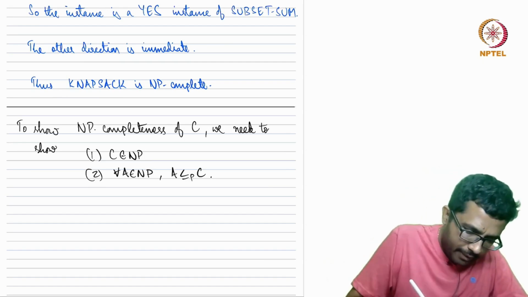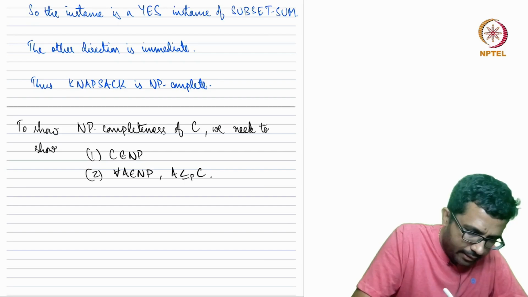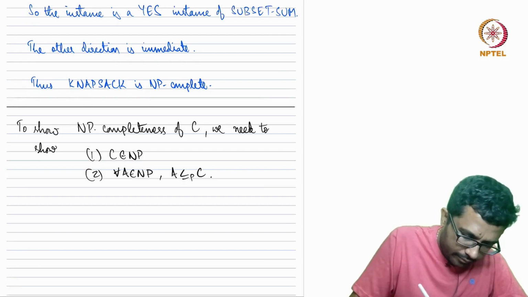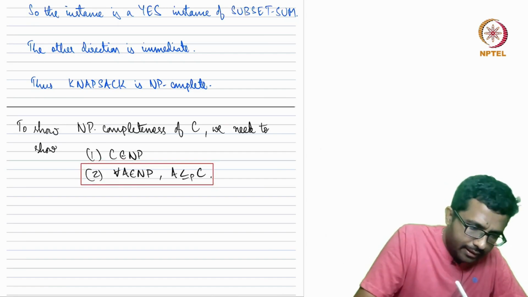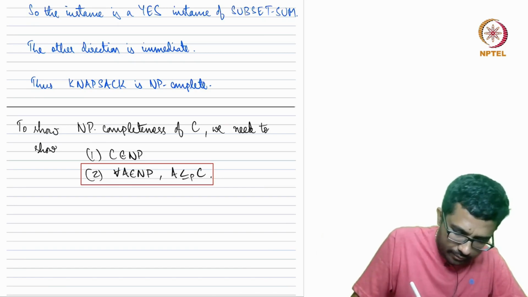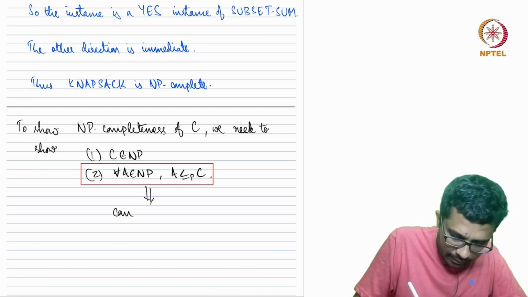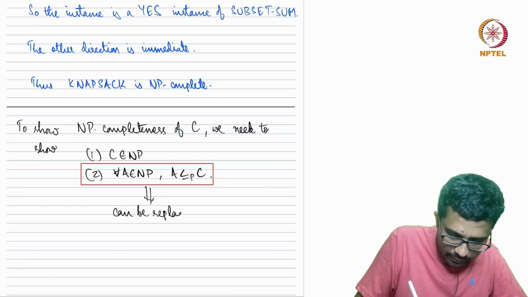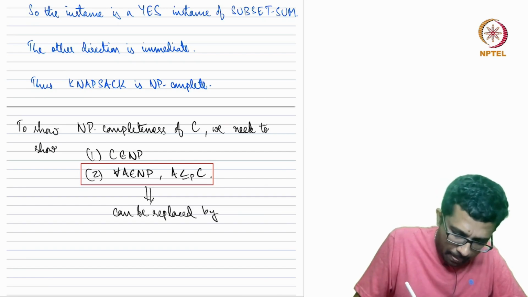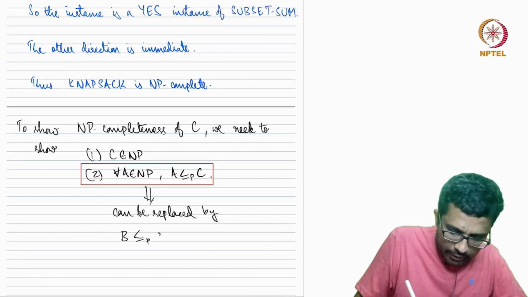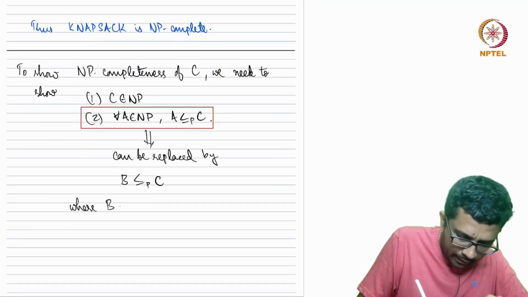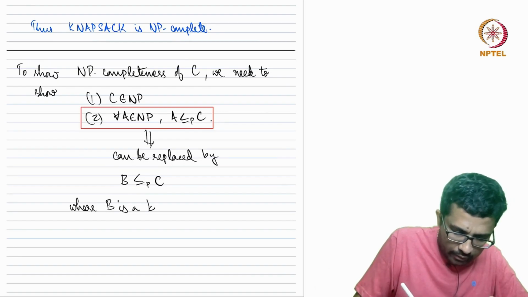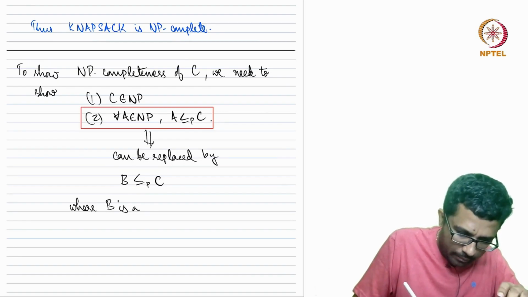And the second condition can actually be replaced by: B reduces to C in polynomial time, where B is an NP complete problem.